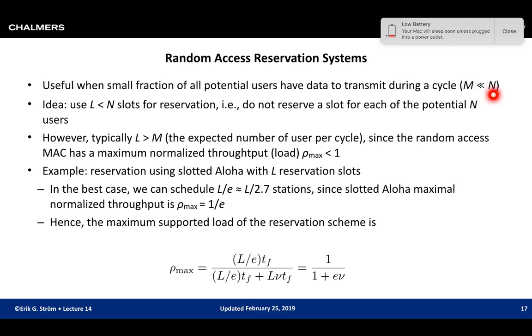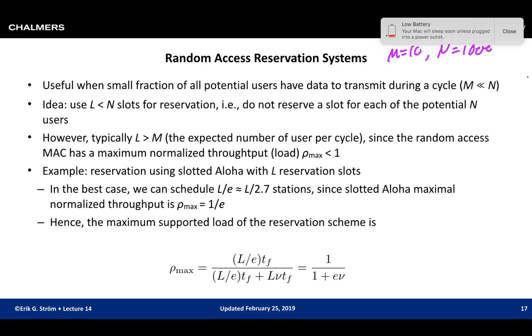So when m is much less than n, say that m is equal to 10 and we have n equals 1000, for instance. Then we are in a situation where we have many reservation slots, mini slots, but not all of them are ever used, right? Because only 10 out of those 1000 slots will indicate that data is ready to be transmitted.